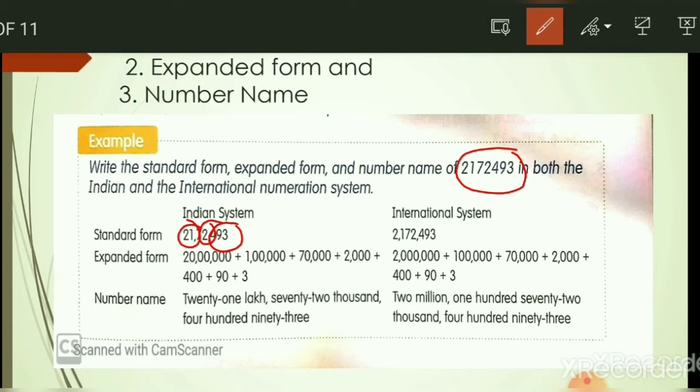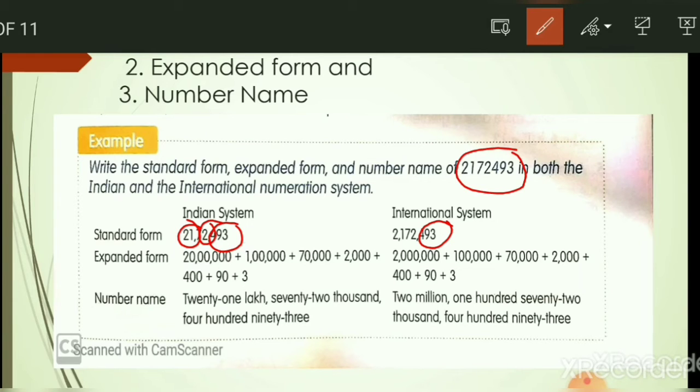Coming to the international numeration system, again we have to keep in mind the periods, and then only place the commas. In the international place value system, we have the ones period where we have ones, tens, and hundreds. So it means 4, 9, and 3, which is ones, tens, and hundreds.